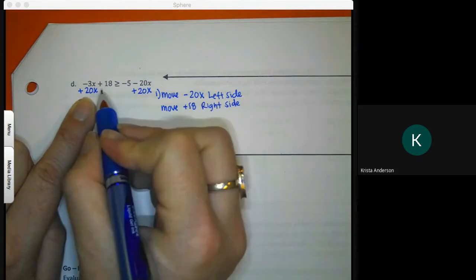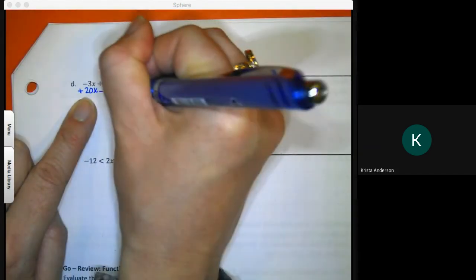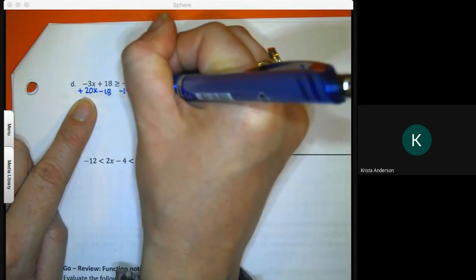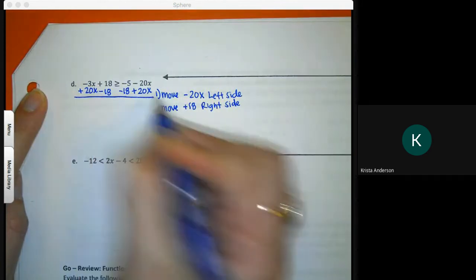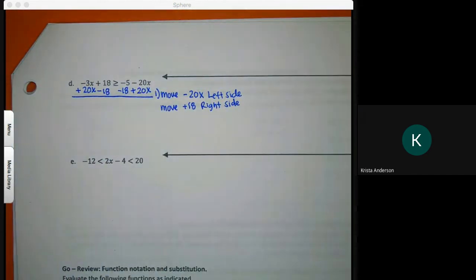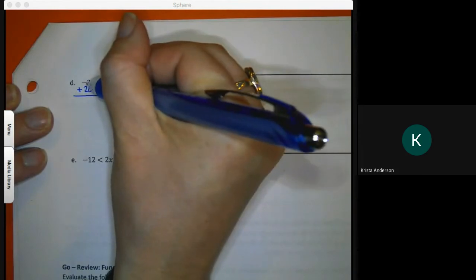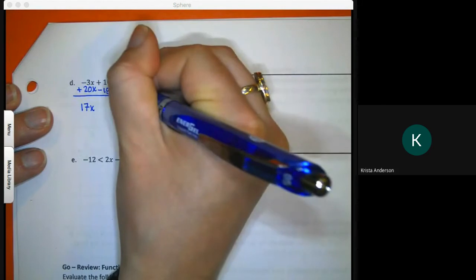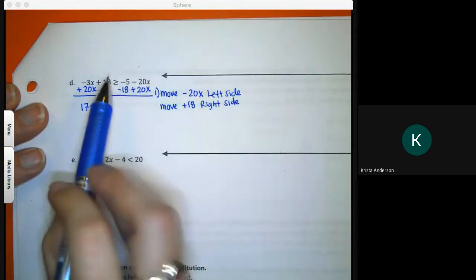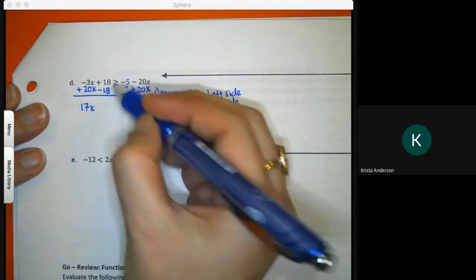To move a positive 18, I need to do the opposite and subtract it. That would give me 17 x's. 18 and 18, positive and negative would go away.